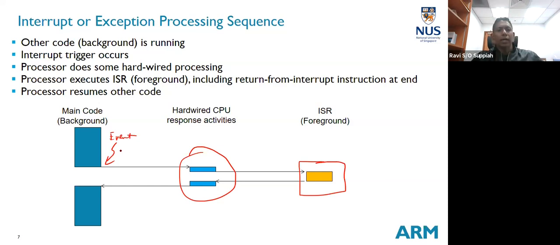I know exactly what event I want to capture, and when that happens, I develop the ISR code to make sure the correct activities are carried out. This context saving and restoring is automatically done for us in the background by the CPU, so we can treat it as transparent for now.